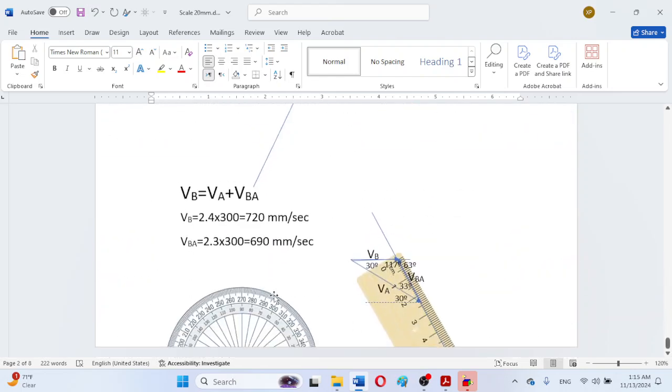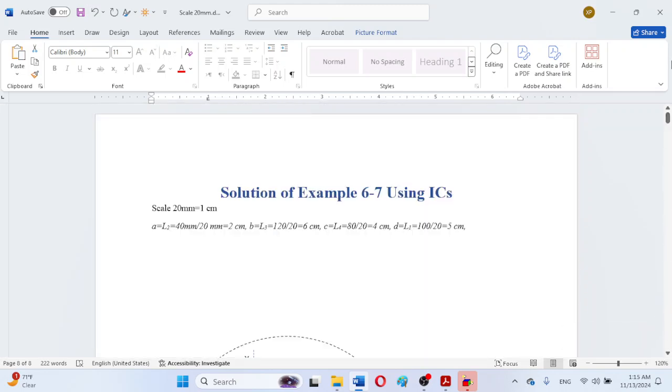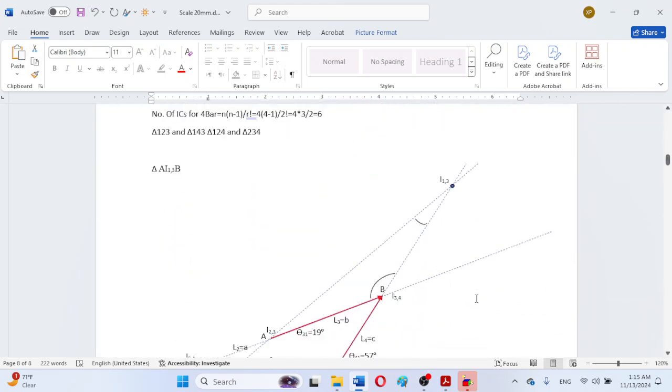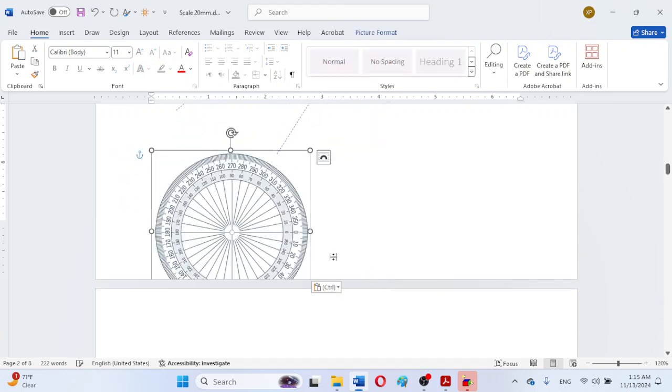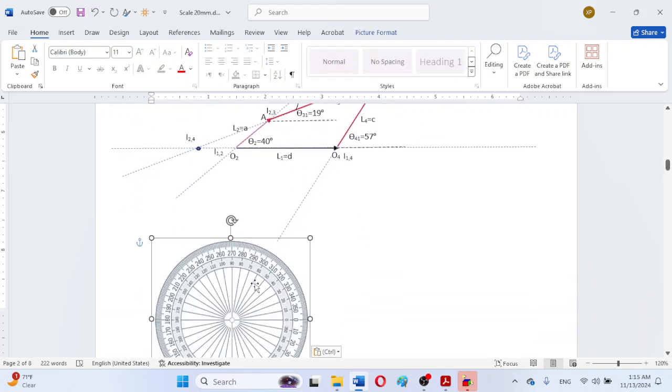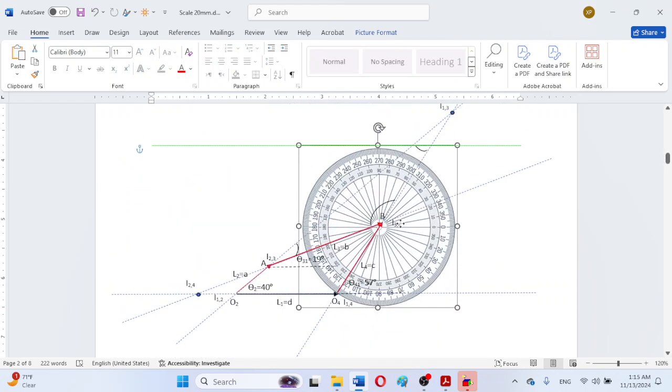For example, we can copy this protractor and paste it at this location, and after that we can move it here like this.